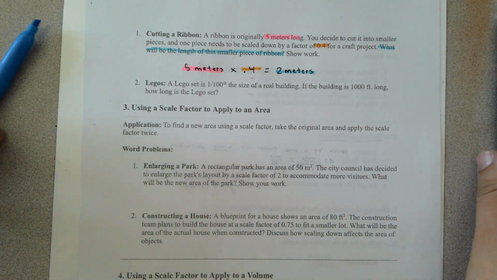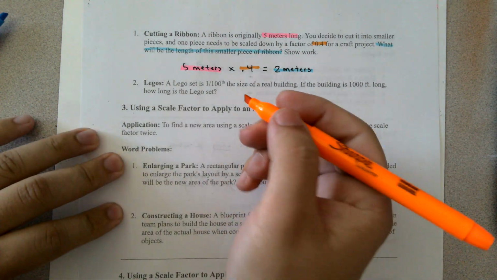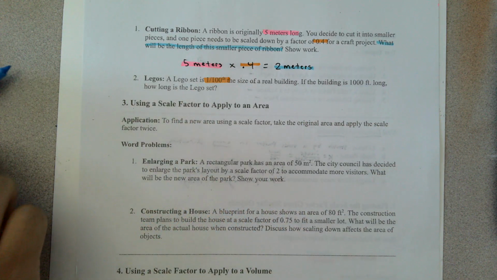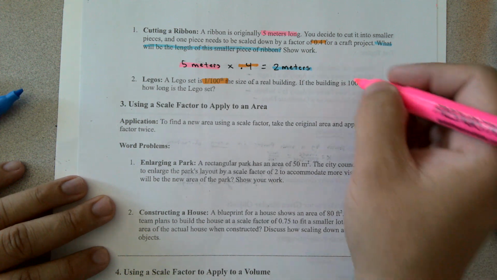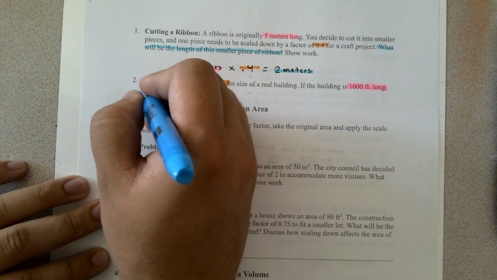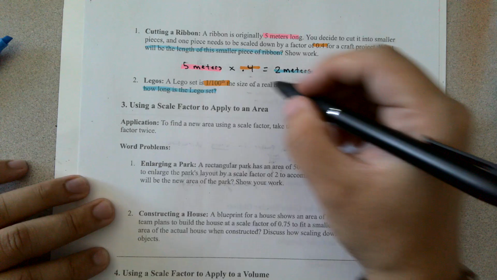Let's look at the Lego set now. A Lego set is 1/100th the size of a real building. This 1/100th is our scale factor. If the building is 1,000 feet long, how long is the Lego set? So 1,000 feet is our pre-image. It's asking for the image. So we're going to do 1,000 feet.